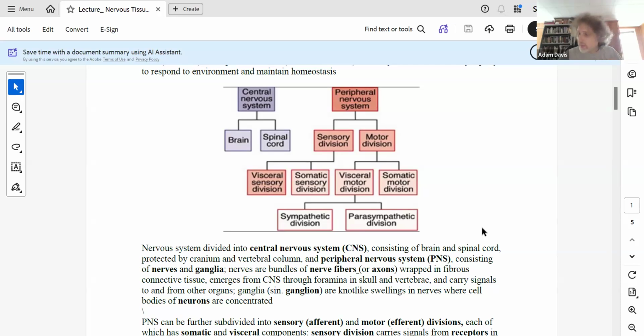Sympathetic division is often said by anatomists to be concerned with the four F's: feeding, fleeing, fighting, and mating. That's one of the oldest jokes in anatomy.